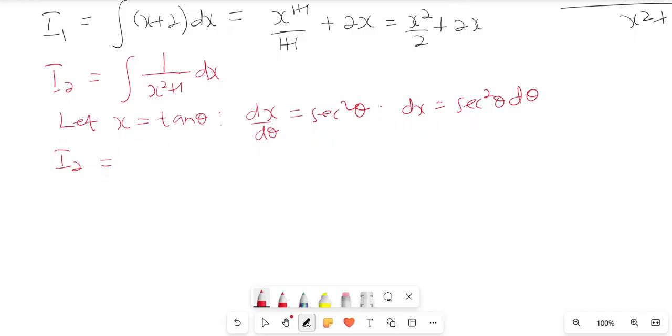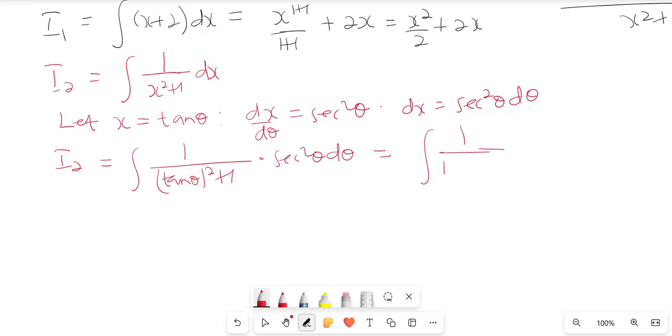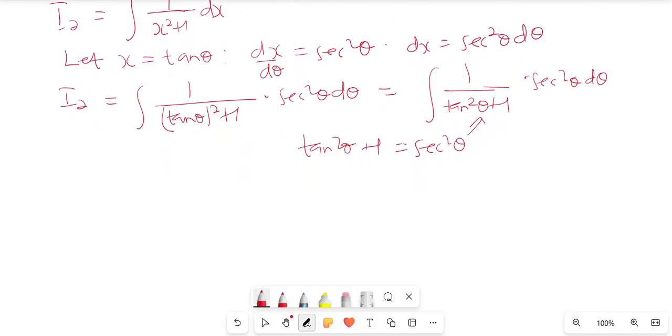So that should be the integral of 1 over x squared, where x is tan theta squared, plus 1, and dx is secant squared theta d theta. So this gives me the integral of 1 over tan squared theta plus 1 times secant squared theta d theta. If we use the Pythagorean trig identity, we know that tan squared theta plus 1 is equal to secant squared theta, which you can plug into our integral.